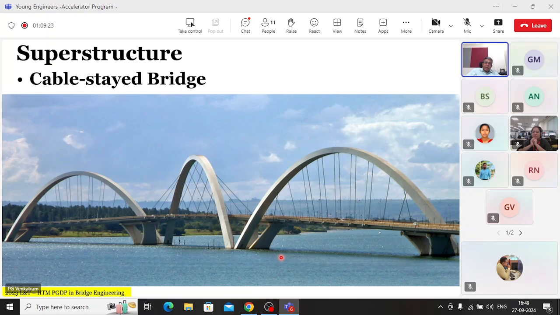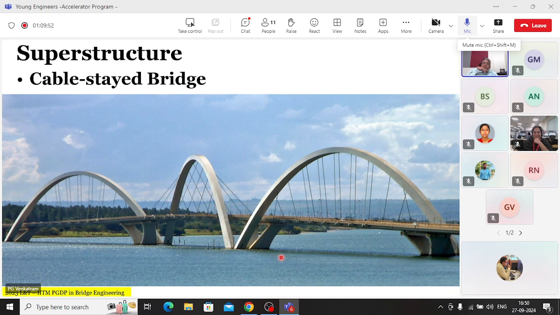Now, this bridge, is it a cable stayed bridge? It's a real bridge, it's not an artist's imagination.